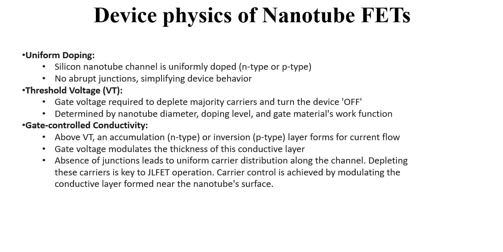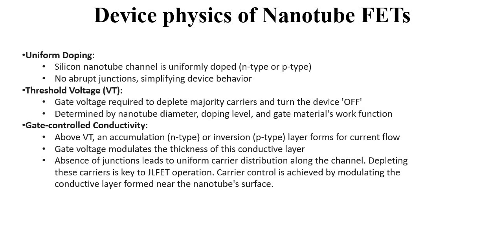Next is gate controlled conductivity. Above threshold voltage, an accumulation or inversion layer forms for the current flow. Gate voltage modulates the thickness of the conductive layer. However, gate controlled conductivity increases. Why? Because we have used two gates, inner gate and outer gate.